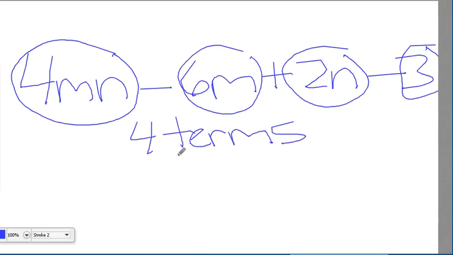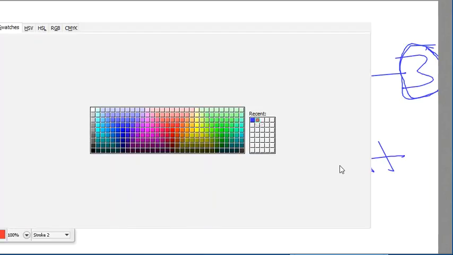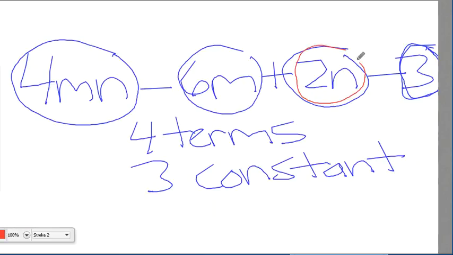If I ask you what the constant of this expression is, you would tell me 3. 3 is the constant. If I ask you to tell me what the coefficient of the term 2n is, the coefficient would be 2.